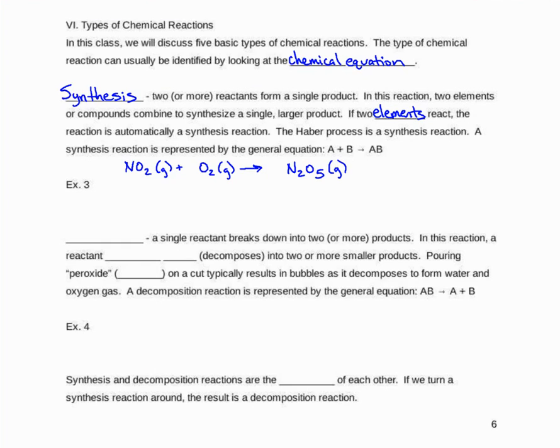Looking at nitrogen by itself, I have 1 in the reactants, I have 2 in the products. That tells me whatever happens, I'm going to have to double this one. Looking at the oxygens, I have 2 plus 2 is 4, and over here I have 5.